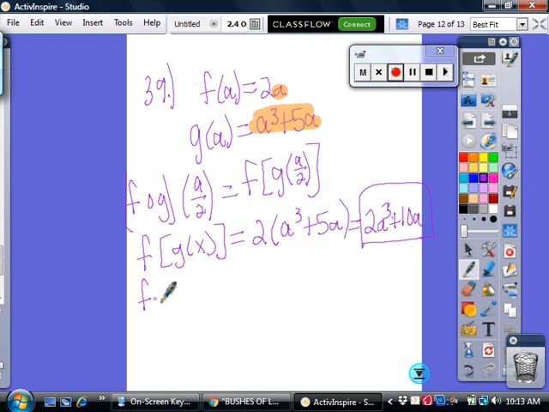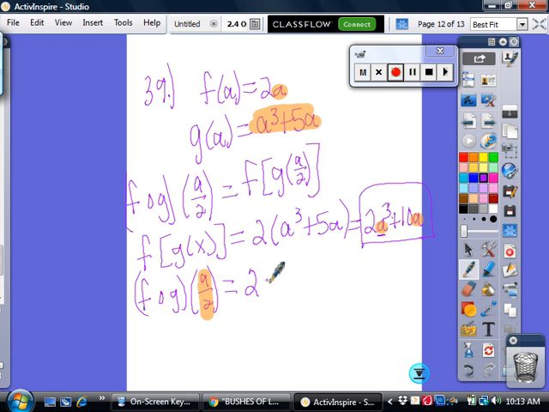So then to find 1/2 a of that, I would take my new function, and everywhere there's a placeholder, right here and right here, what would I plug in? a over 2.